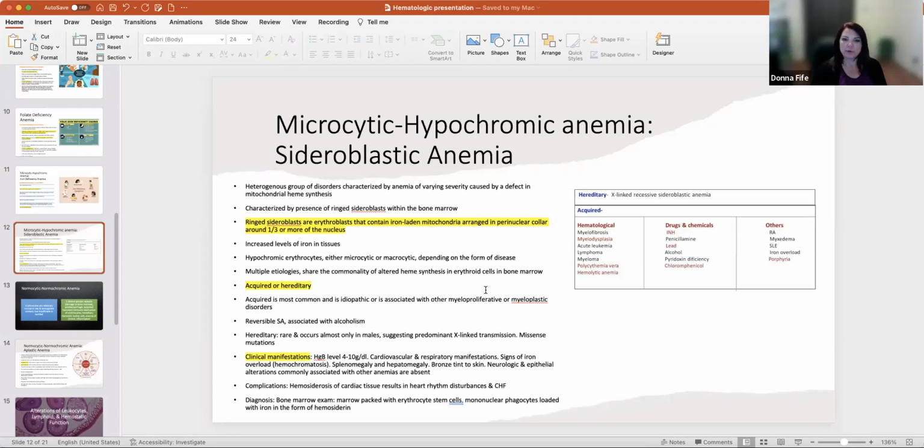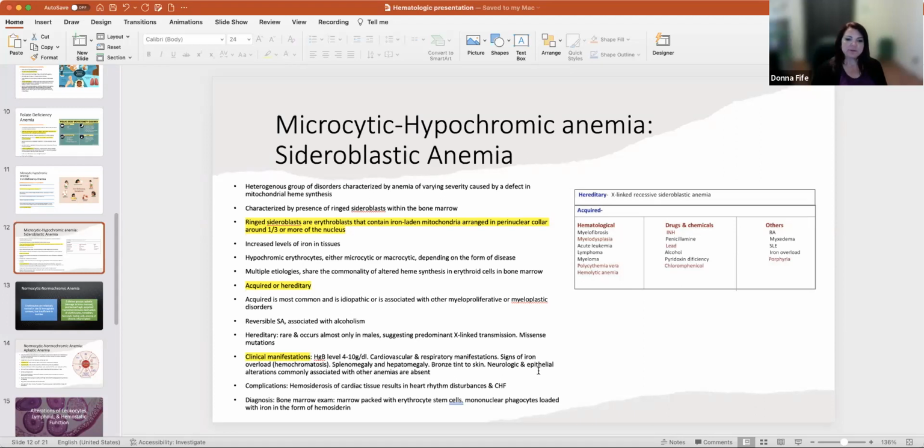Signs of iron overload, such as hemochromatosis, splenomegaly or hepatomegaly, might be present, and there might be a bronze tint to the skin. The neurologic and epithelial alterations commonly associated with other anemias are absent. So you're not going to have those same neurologic and epithelial alterations as you see with other anemias.